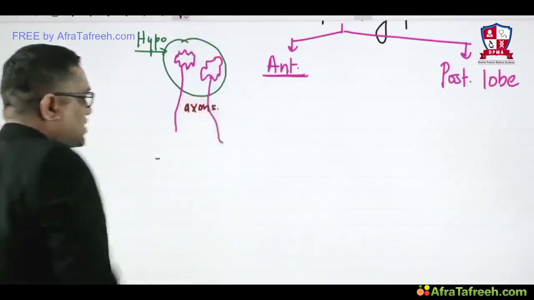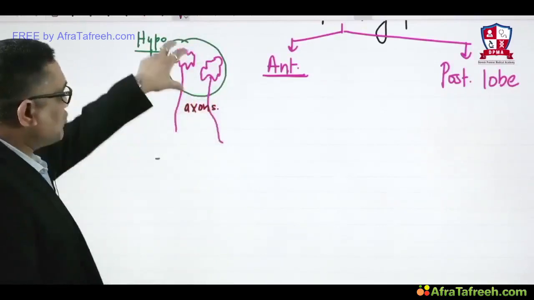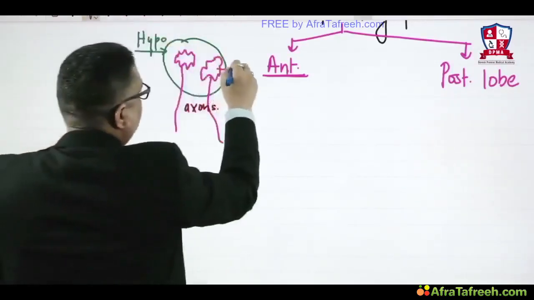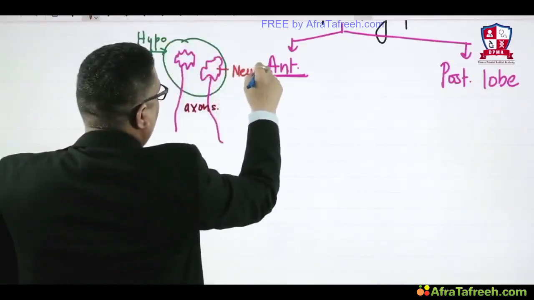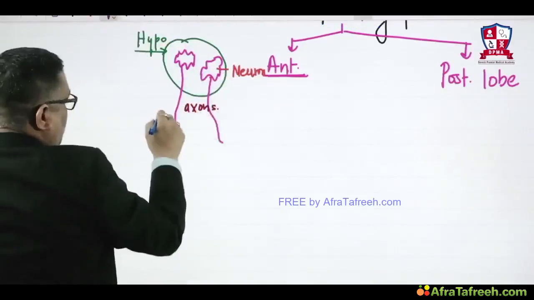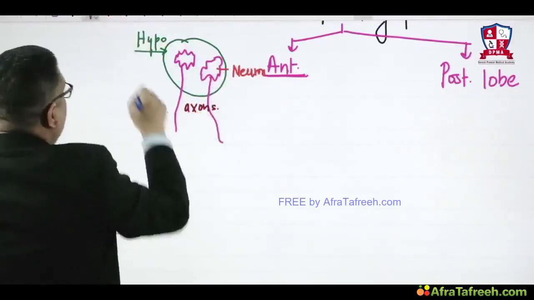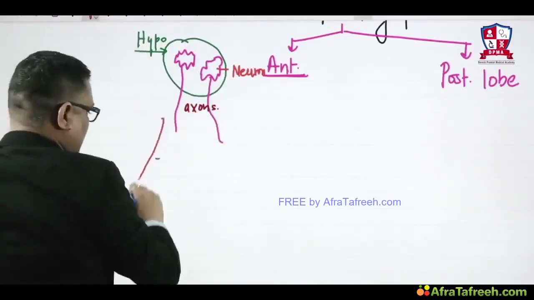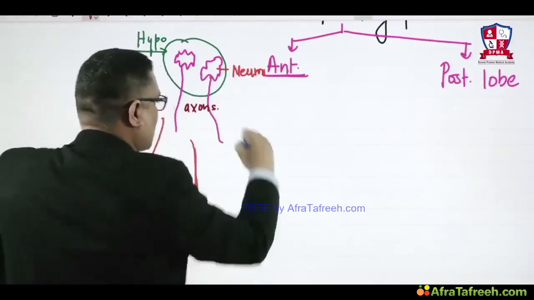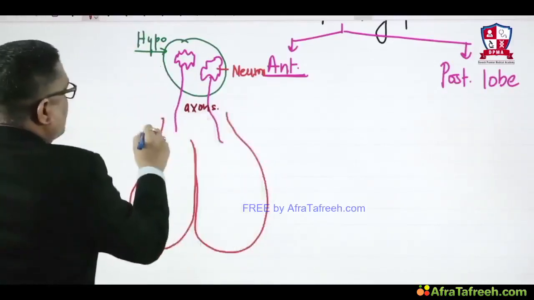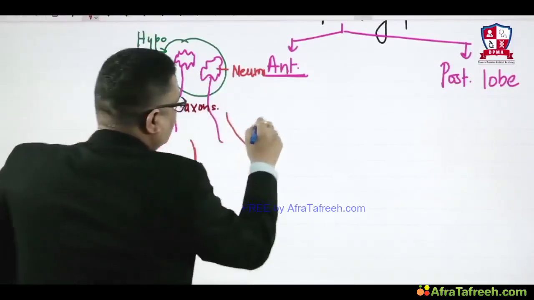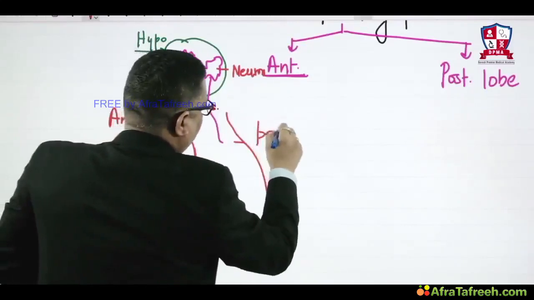Axonal transport goes from the hypothalamic neurons to the pituitary, and now you can see there are two parts of the pituitary. One is the anterior part and the second is the posterior part, right? This is the anterior pituitary and this is the posterior part of the pituitary gland.